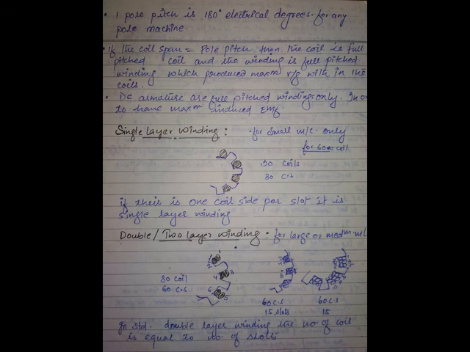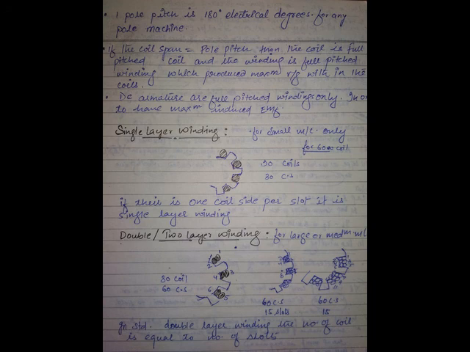Now listen. Let us consider conductors 1, 2, 3, 4, 5, 6. This is the back end of the machine. This is the front end where the commutator is connected. To connect the first conductor to another conductor, you require the back pitch value.